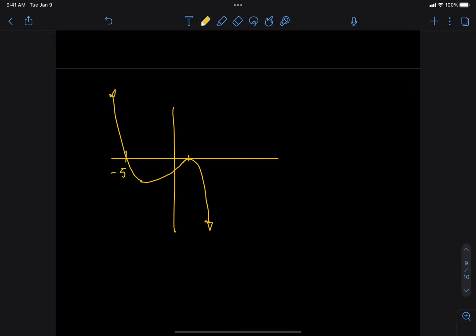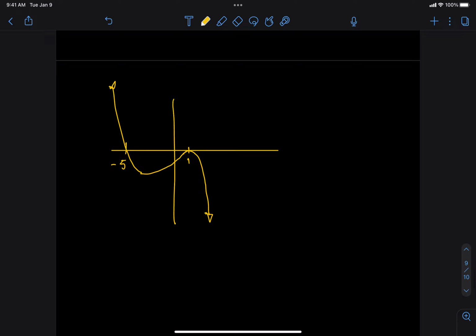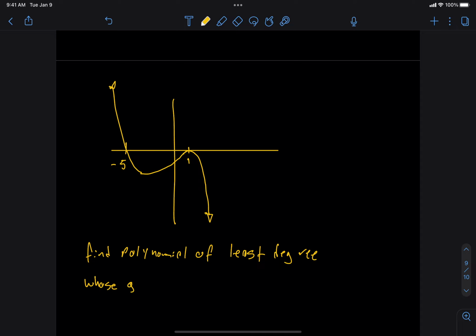Something like this, okay? And so the question is, find the polynomial of least degree whose graph could be shown above.